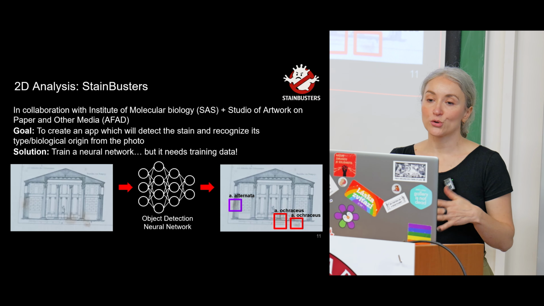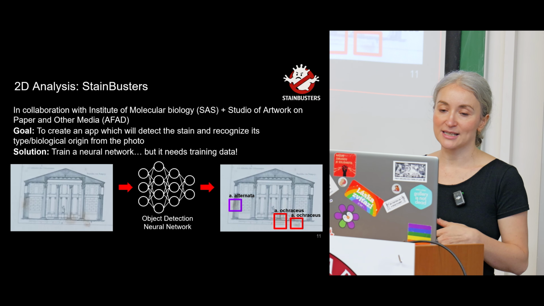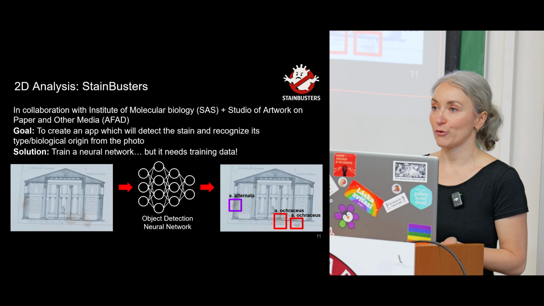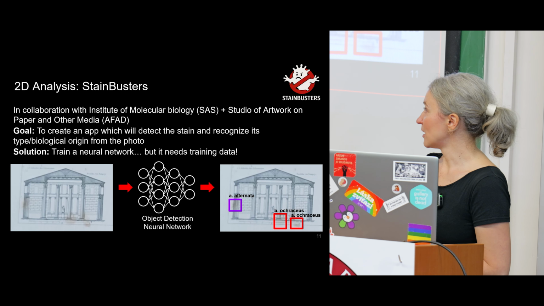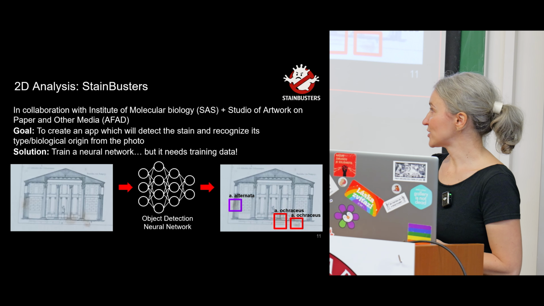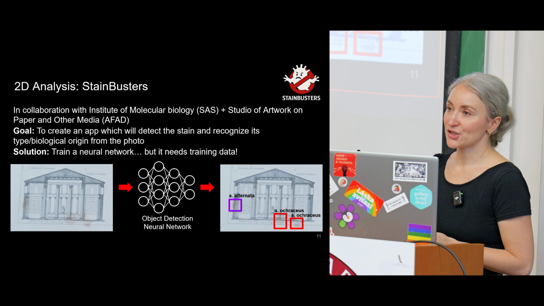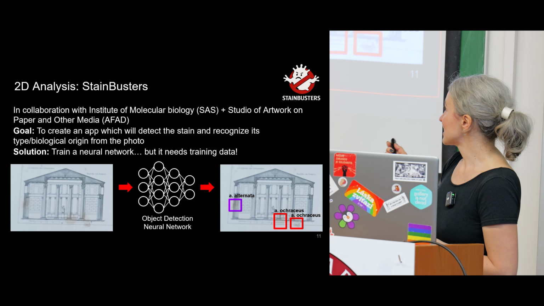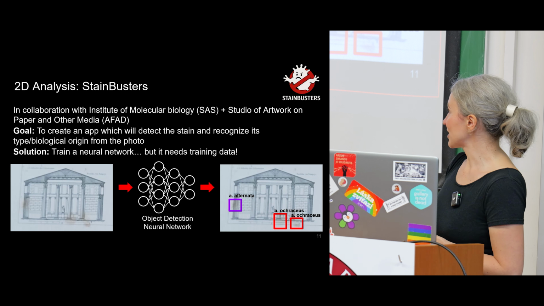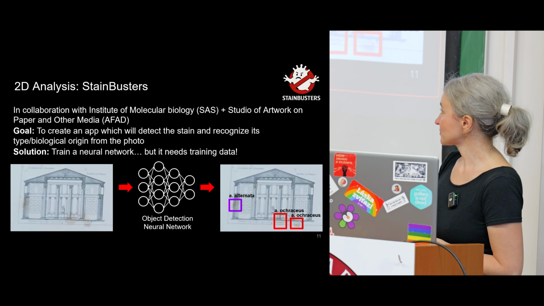Our goal is to create an app which will detect the stains and recognize their biological origin from a photo. So we start with a photograph or a scan of a historical document. Then we will use an object detection neural network, and then we will create the detection. So we will have bounding boxes with the class of the stain.